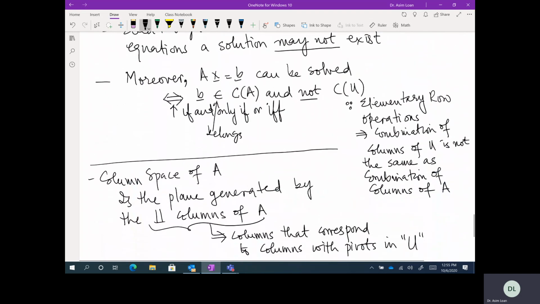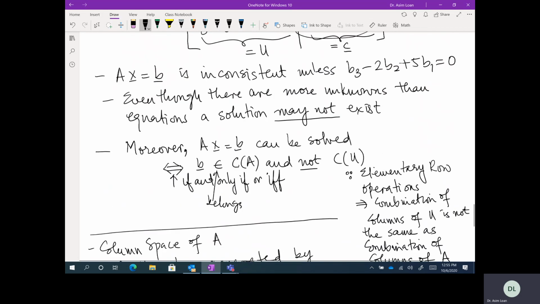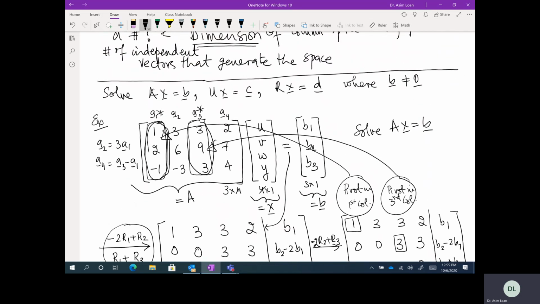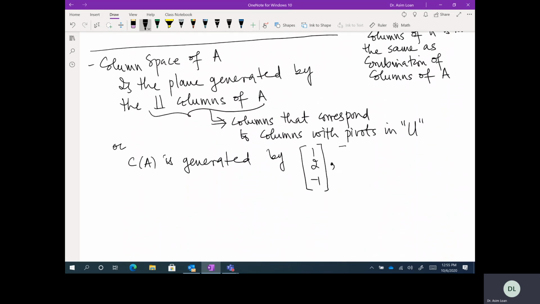So we say the column space of A is generated by the columns that correspond to the columns with pivots in U. C(A) is generated by (1, 2, -1) and (3, 9, 3), and this is the set.